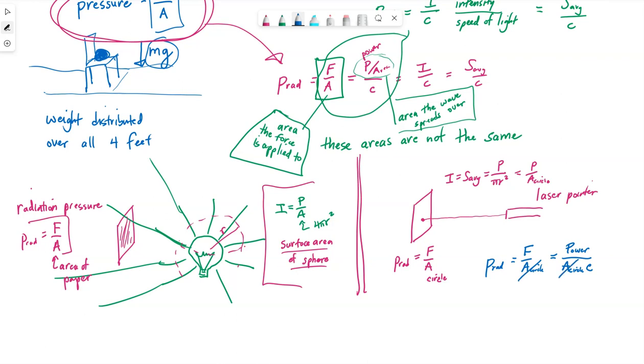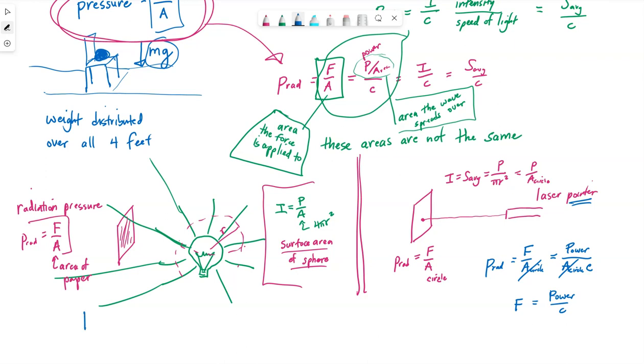So area of the circle in this case would cancel. And that's because the light of a laser pointer spreads over just that little tiny circle, hence it's called a pointer. And that little circle doesn't enclose the entire paper.